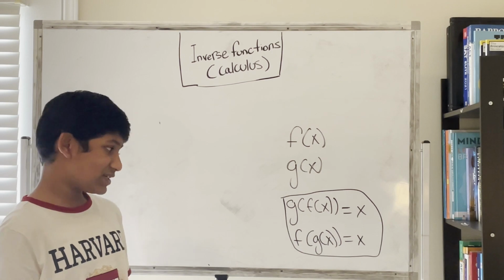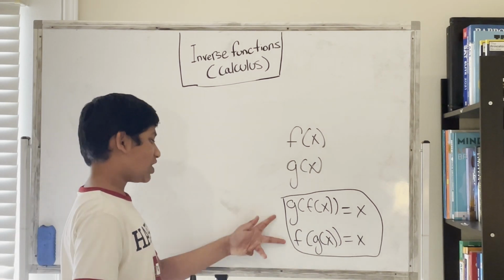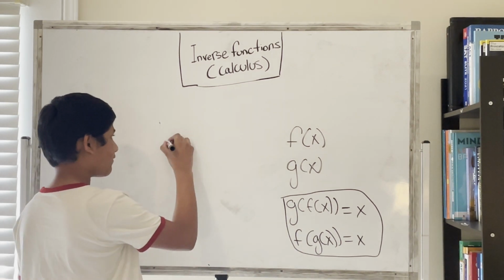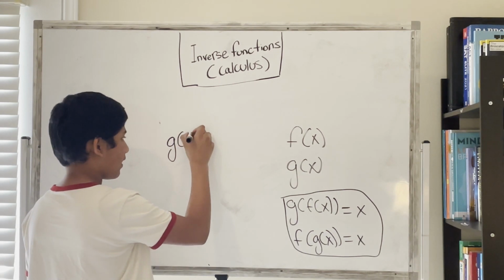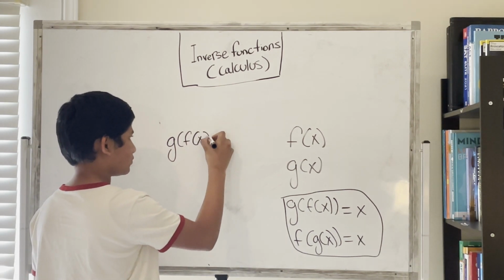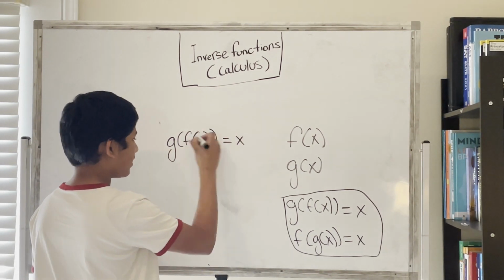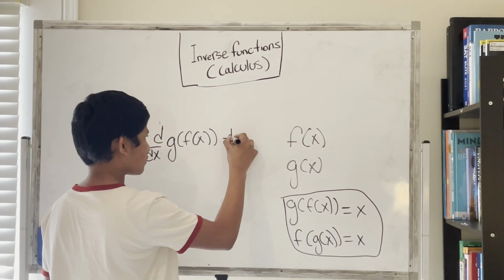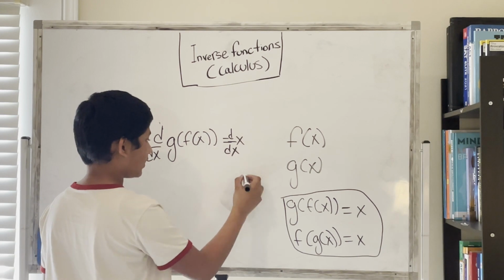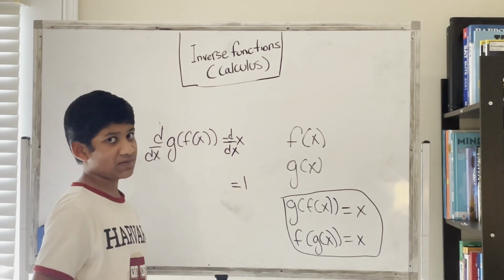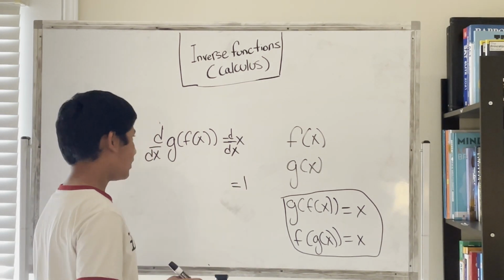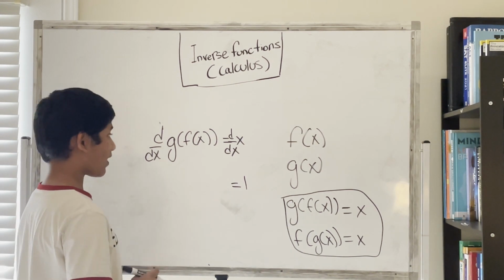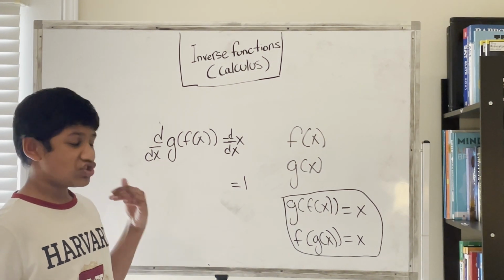Now, involving differentiating this, let's differentiate both scenarios. So we have g of f of x is going to equal x. Let's differentiate this. We'll get 1 since the derivative of x is obviously 1, and the derivative of g of f of x, we're going to be using the chain rule for this.